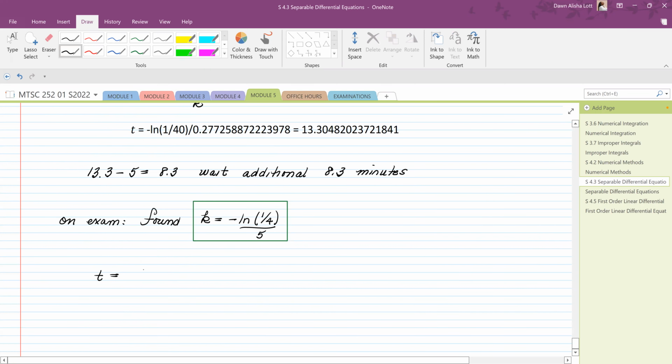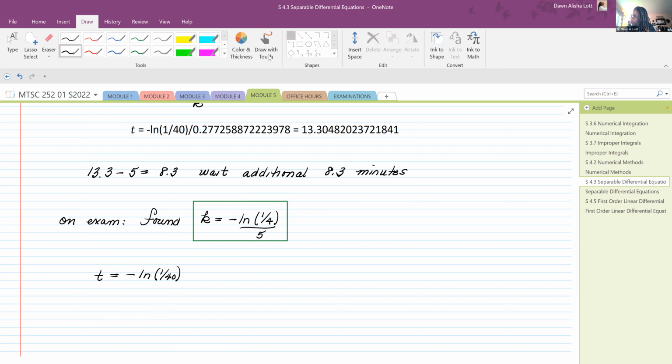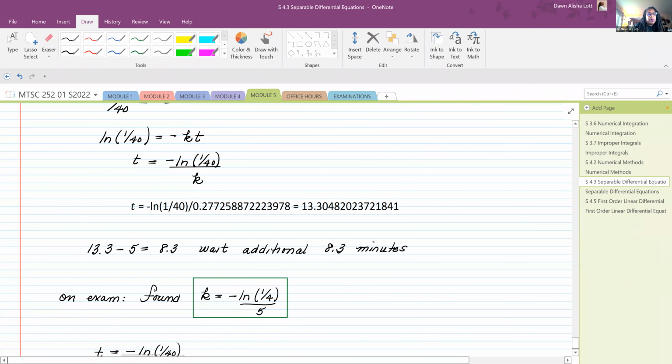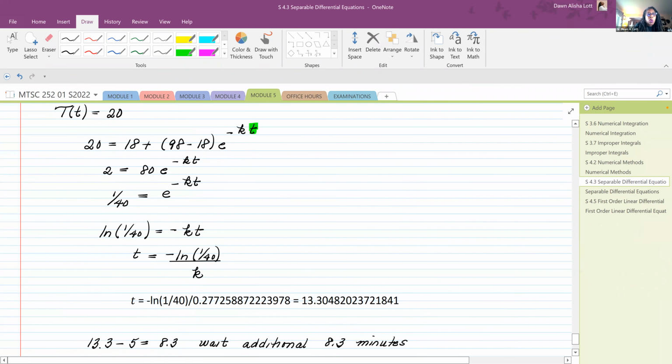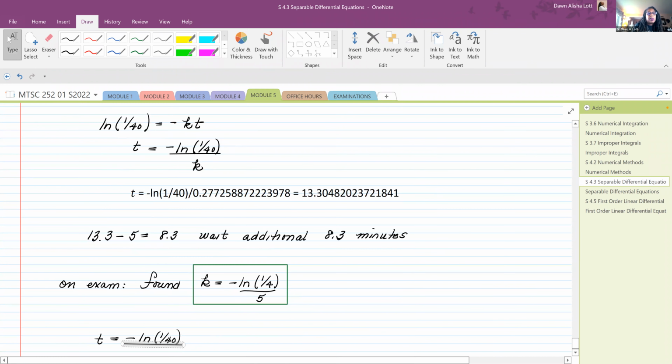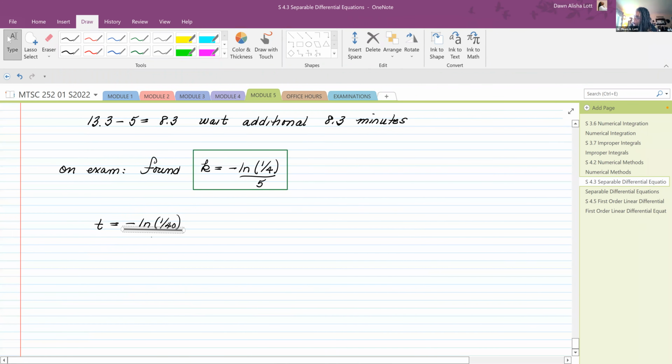So therefore, T would be minus natural log of 1 over 40 divided by K. When I divide by that, I'm going to multiply by its reciprocal.